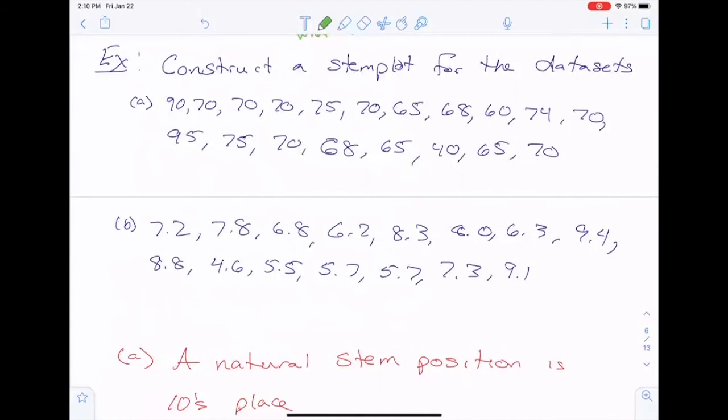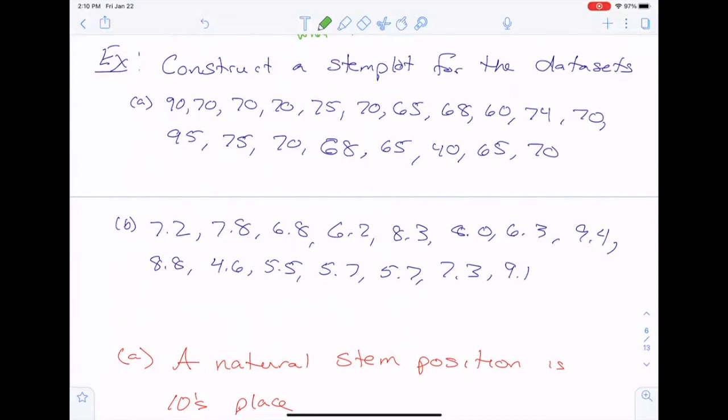So we want to construct a stem and leaf plot for these 2 sets of data. All right, we're going to do this one at a time. For this first set, we have like 90, 70, 70, 75, and so on. And for part B, we're going to have something like 7.2, 7.8, 6.8, and so on.